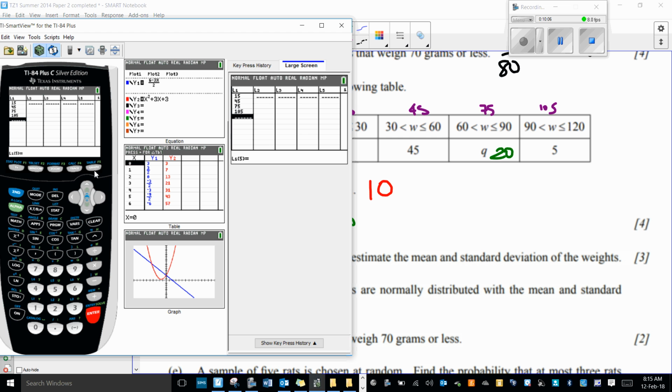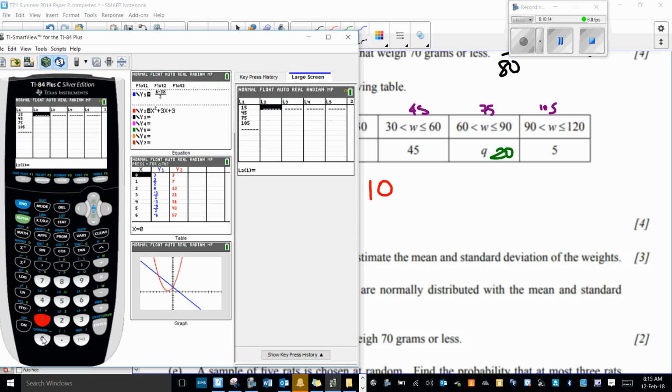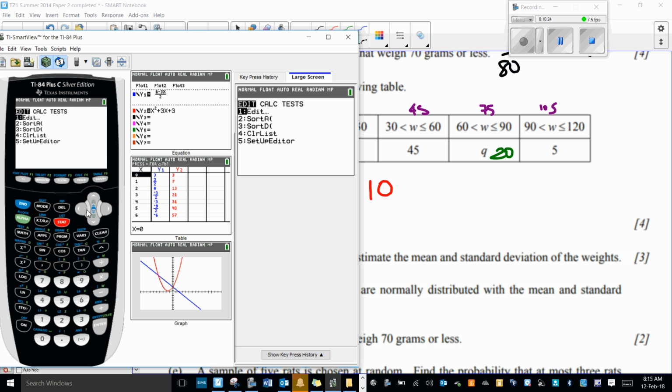And then we would put our values, so that's 10, 45, 20, and 5. That calc, it's just the one variable, so frequency list is this 2.